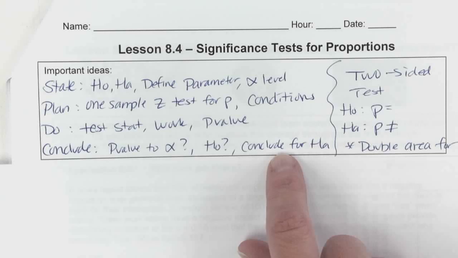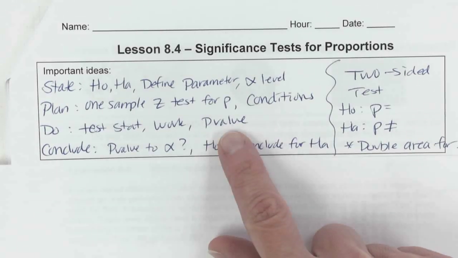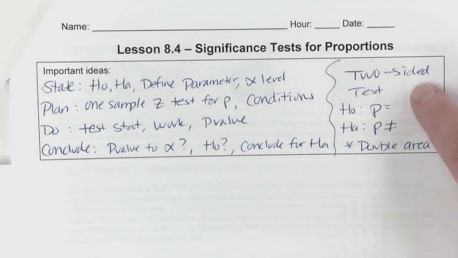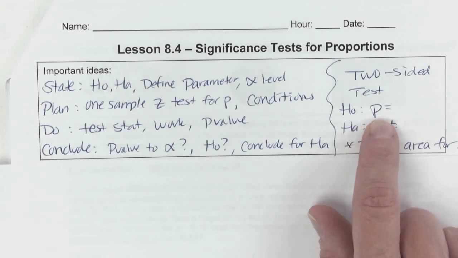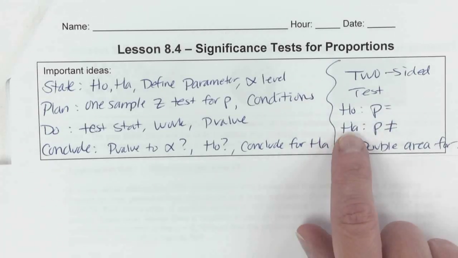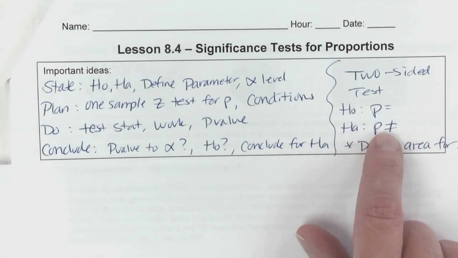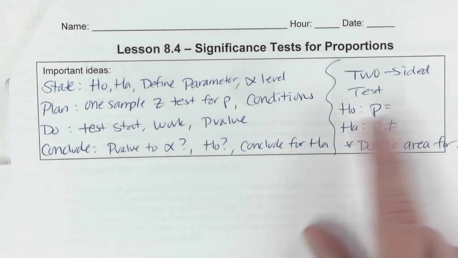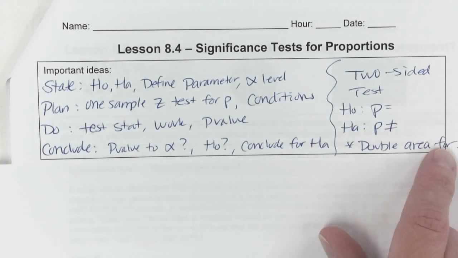Okay? Now, we've seen several cases where we are finding our p-value that is less than something or greater than something. In the case where we have a two-sided test, we have not really done any of these formally together, we will next. If we have a test where we are assuming the null hypothesis is P equals something, and we're looking for evidence for the alternative that P is different than, not equal to, this type being a two-sided test because evidence suggesting greater than or less than a desired value, we have two different sides, could give us our convincing evidence.